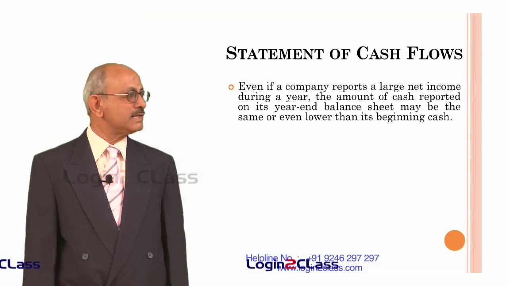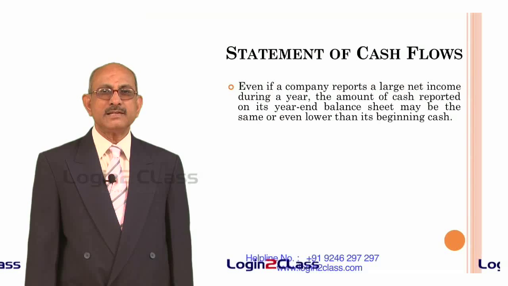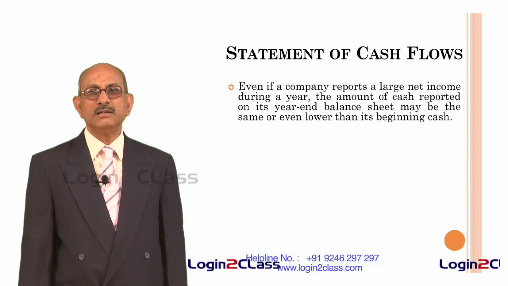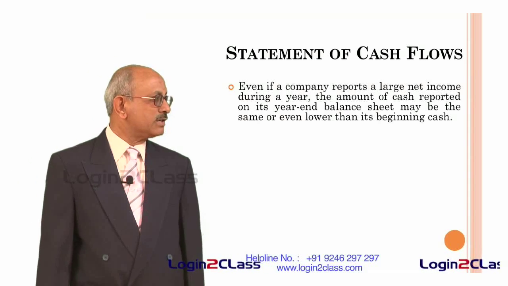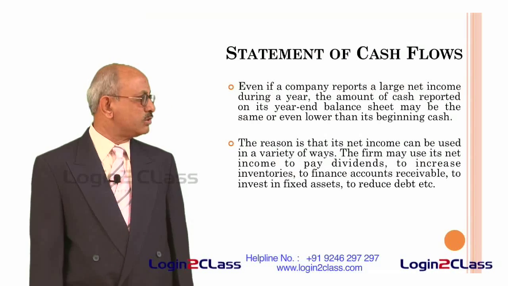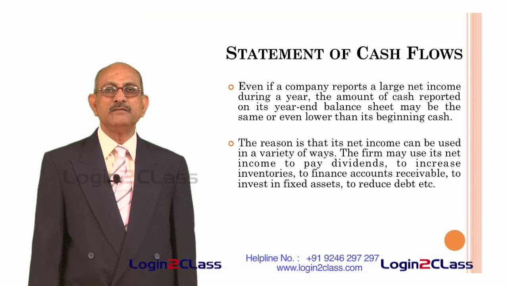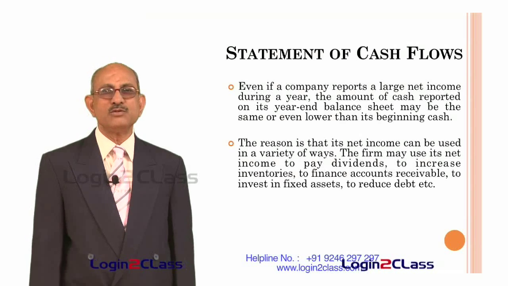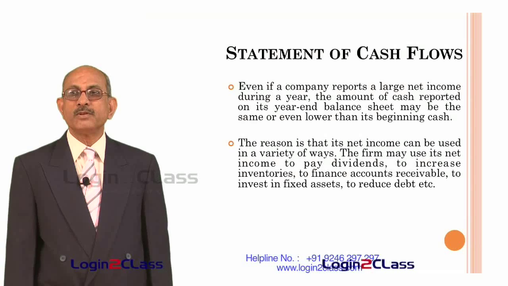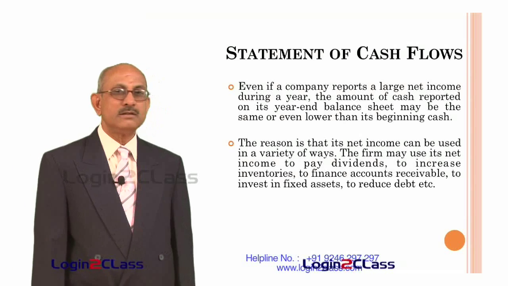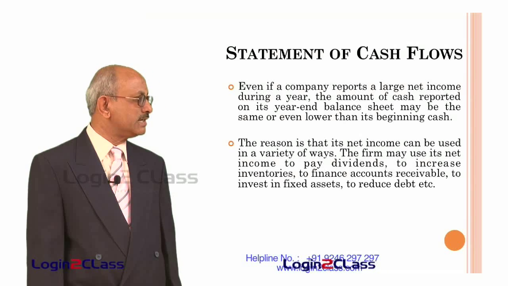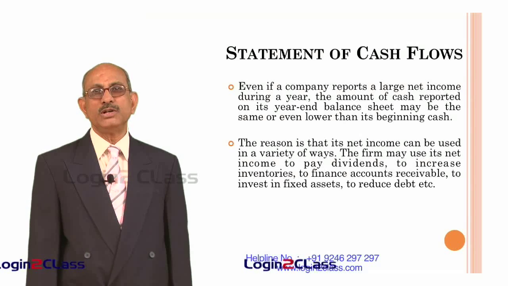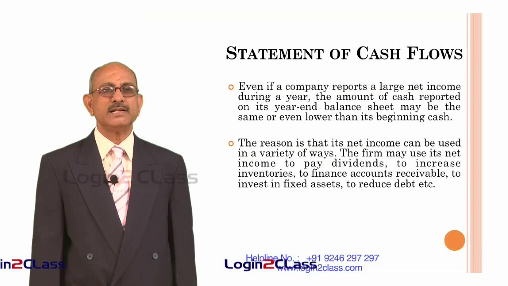Even if a company is making a large income during a year, the cash it has generated may not be that large, because it may have a lot of non-cash revenues and non-cash expenses, and because of that the accounting profit as shown in the profit and loss account may not give us an idea as to whether the entity will be able to meet its liabilities which result in the outflow of cash, such as payment of dividends or purchase of more inventories or to finance more accounts receivables, that is sundry debtors, to invest in fixed assets, that is purchase of buildings, machinery, etc., or to reduce debt, etc. So, for that we need to know what is the exact cash position.